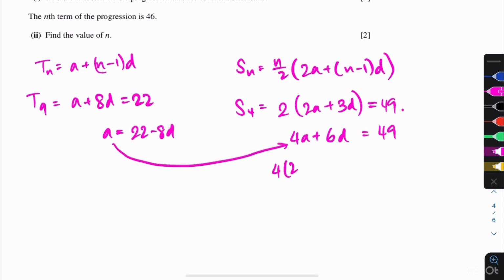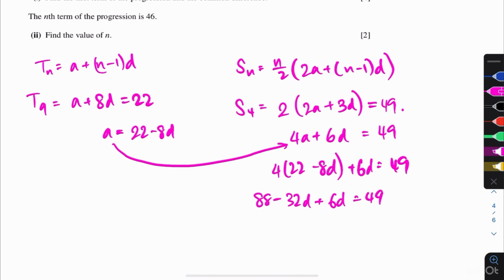So 22 minus 8d plus 6d equals 49. That'll be 88 minus 32d plus 6d equals 49. And then we'll have minus 26d equals minus 39. d equals minus 39 over minus 26, which is 3 over 2.